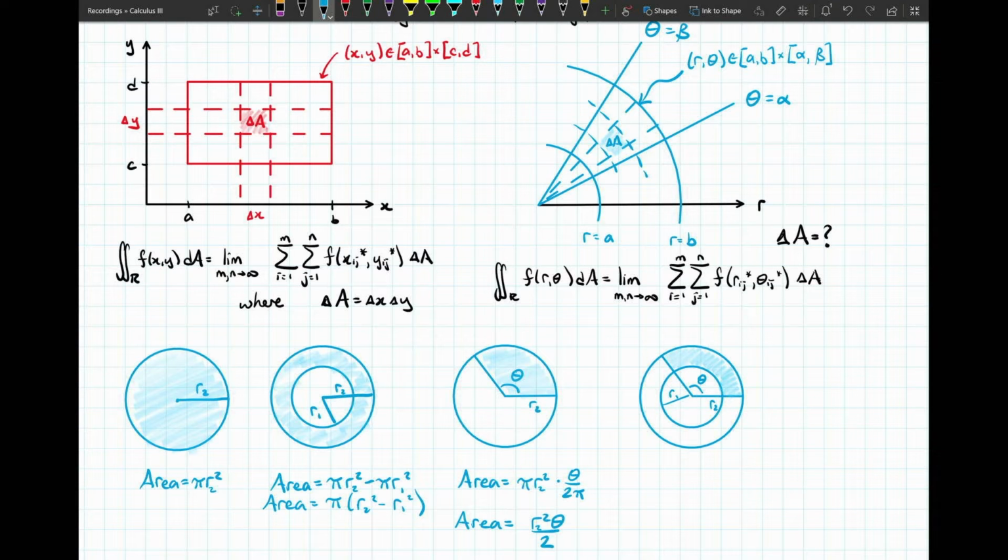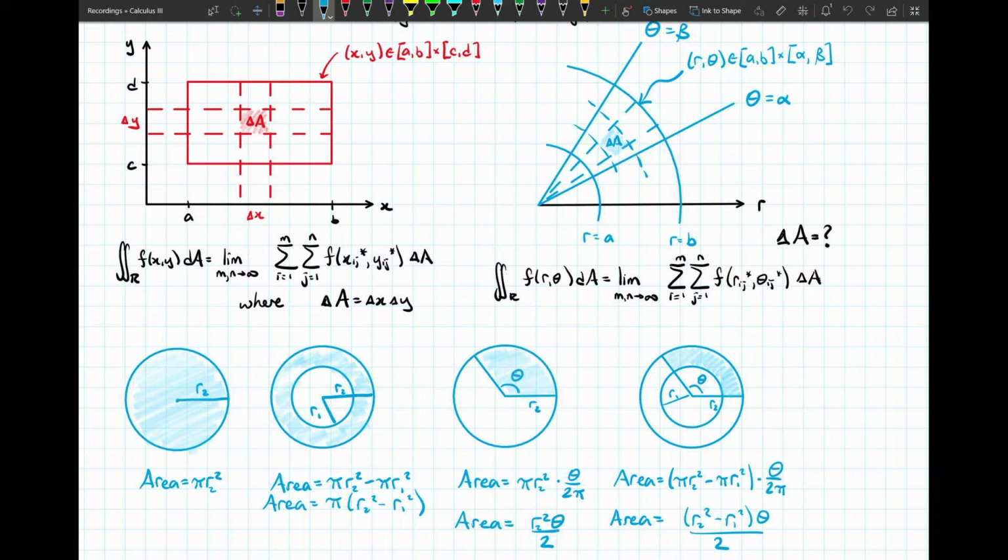We need to take the area of a large circle with radius r2, subtract the area of a smaller circle with radius r1, and then multiply by the proportion theta over 2 pi radians. That gets simplified once again. The area of this polar rectangle is r2 squared minus r1 squared, all times theta, all divided by 2.